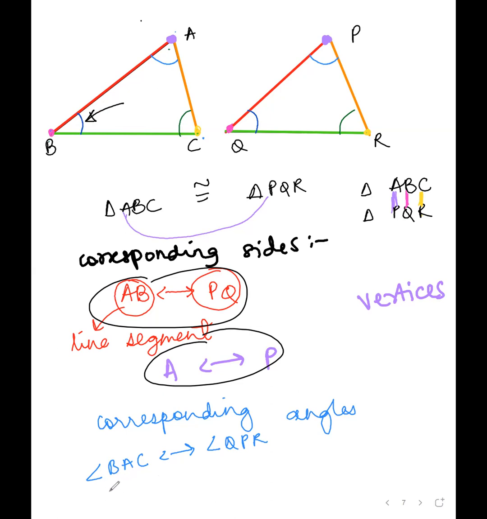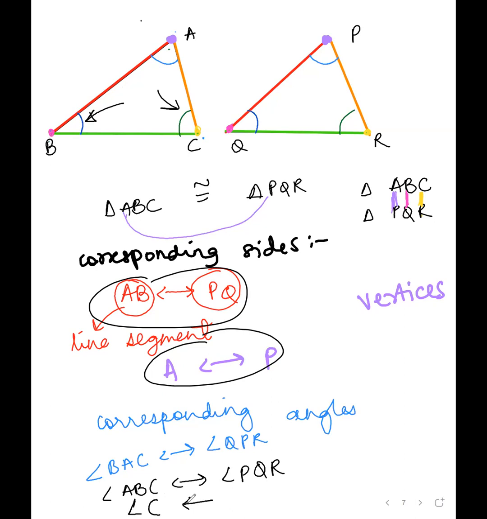B. Yes, angle ABC. Very good. And that is corresponding to angle PQR. Then what is the dark green one? Angle ACB. Very good. You can just say angle C also.